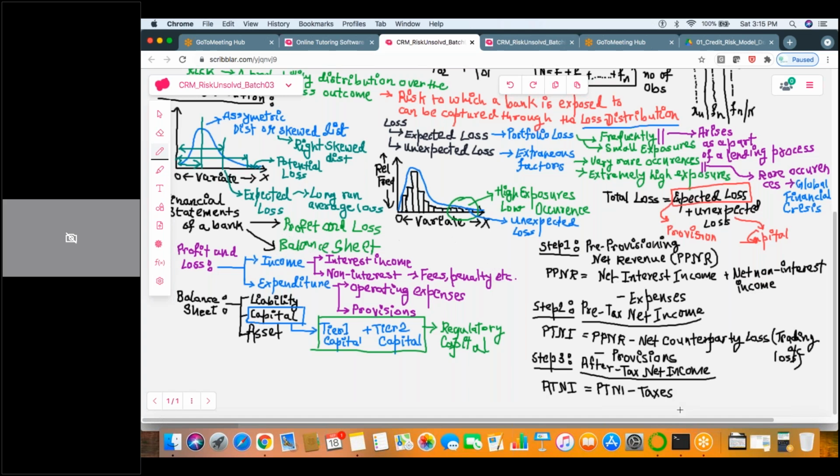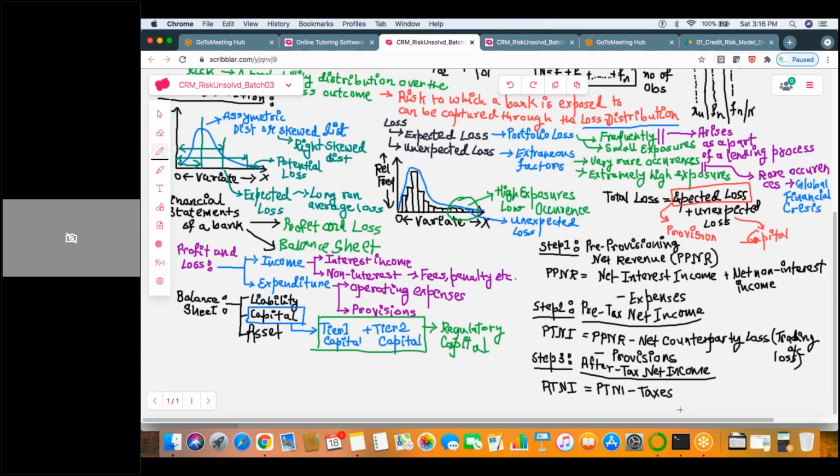So we have three levels. At the first level we are deriving the PPNR. PPNR is calculated by adding the net interest income to the non-interest income, adjusting it for the expenses.